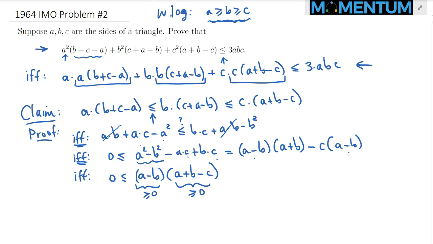Why would that be? Well, this follows from the fact that A, B, and C are the sides of a triangle, and this follows directly by the triangle inequality, of course. So therefore, this statement is true, which implies this is true, this is true, and finally our claim is true.